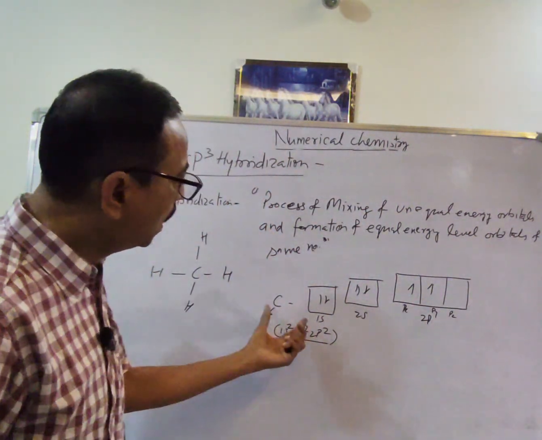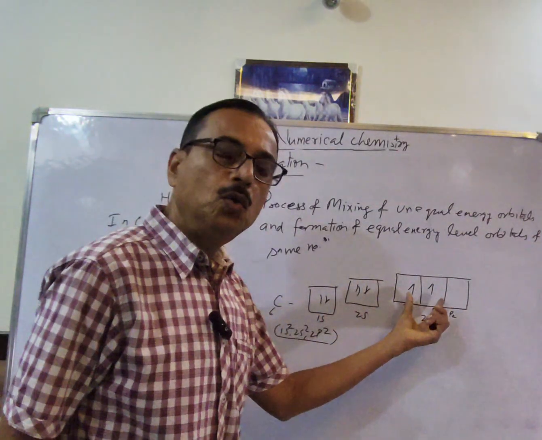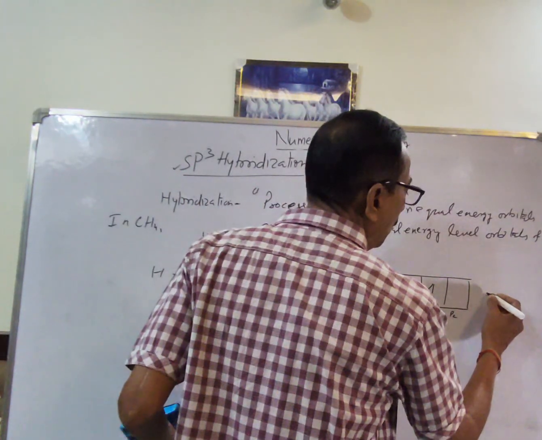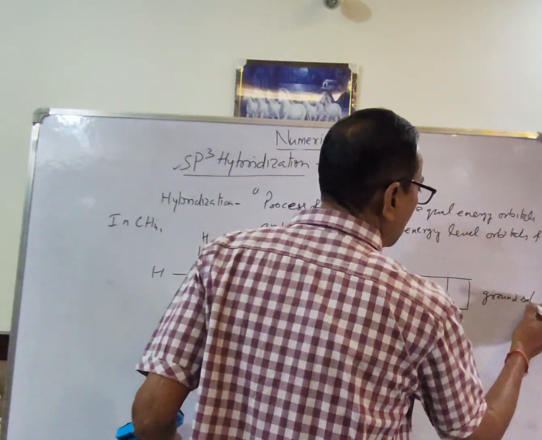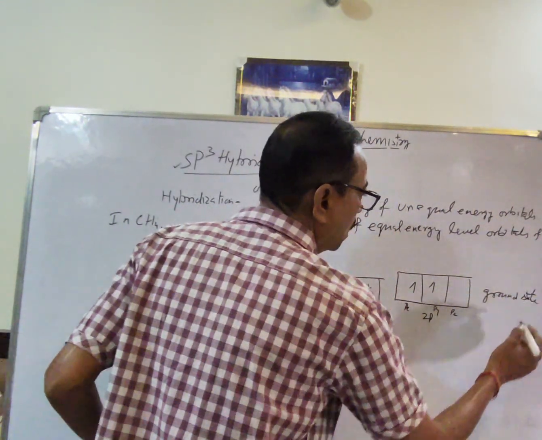So if we see here, carbon has 2 single electrons. This is called the ground state. Carbon is always in the ground state.